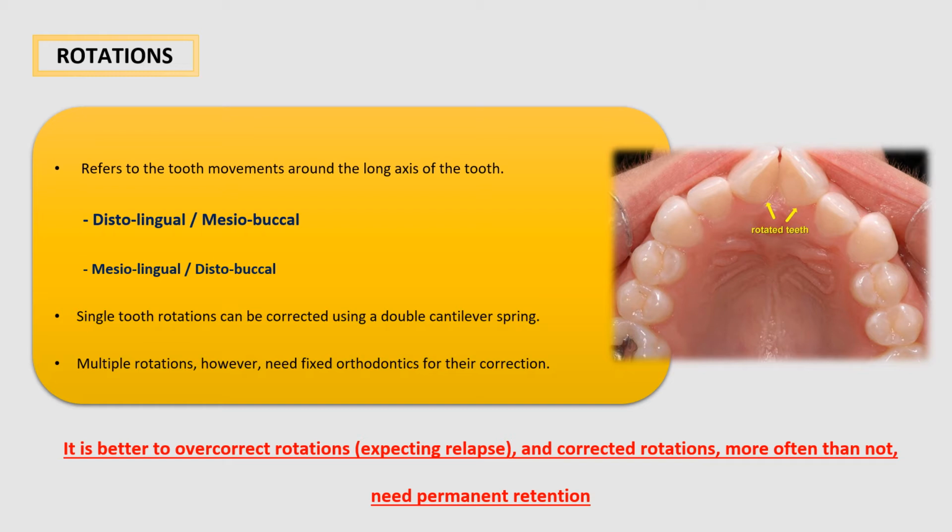However, if you come across multiple rotations, as in the image you see on the right, it would definitely need fixed orthodontic therapy. What you need to understand here is, as the relapse rate of rotated teeth is more, it is always better to overcorrect rotations, and more often than not, you would definitely need to retain them using permanent retention.